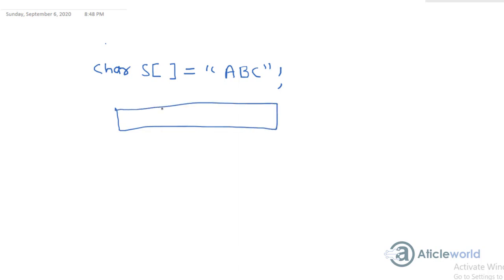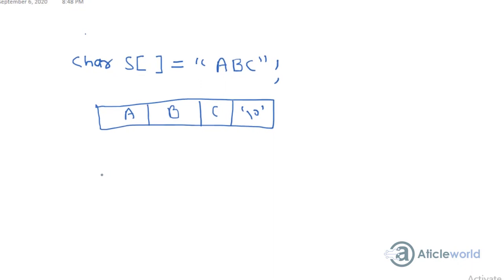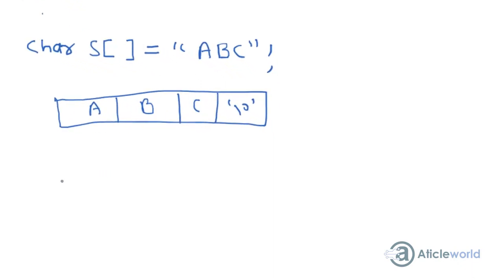So first I am going to create a character array. Now using the memchr function, I want to search a character in the given source object S. So right now I want to search Z here.